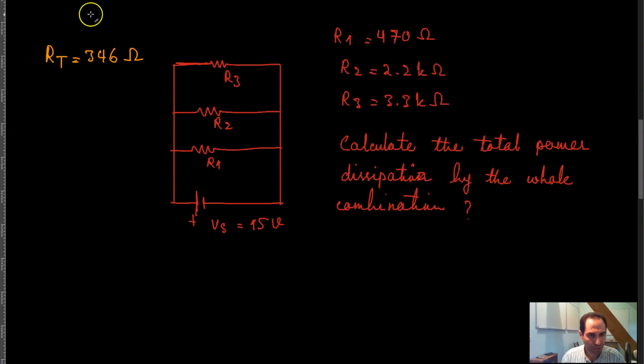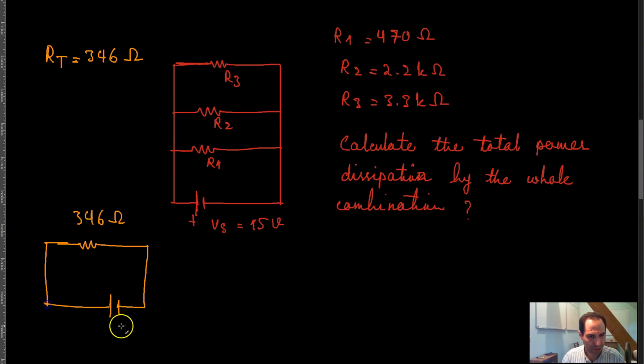Now what that means is that if your R of T is equal to this, you could imagine that you have a resistor over here with the value 346 ohm, connected to a power supply like this. The power supply is 15 volts, and so the power dissipation in this resistor would be V squared over R, which is 15 squared divided by 346. 15 squared is 225.